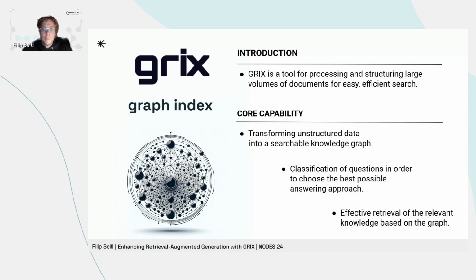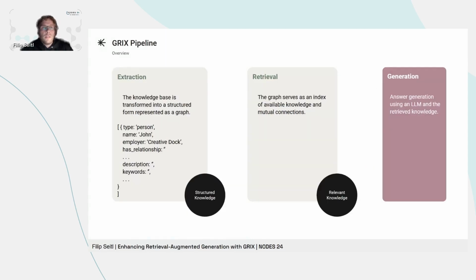So at the beginning, I've mentioned two types of questions, multi-hop and global. For each of these types, you need a different approach how to make the answer. So the three parts of GRIX, of our RAG, are extraction, retrieval, and then generation of the answer itself.